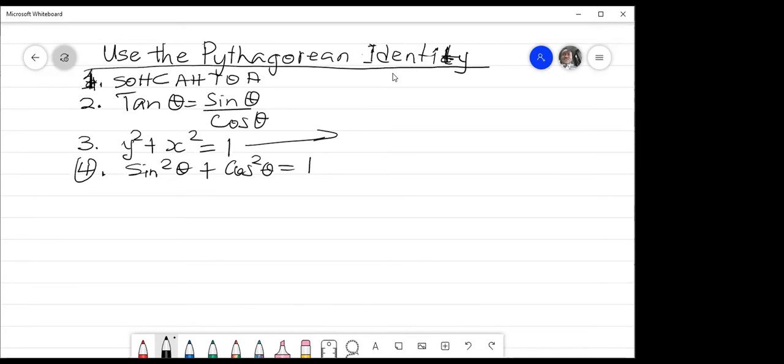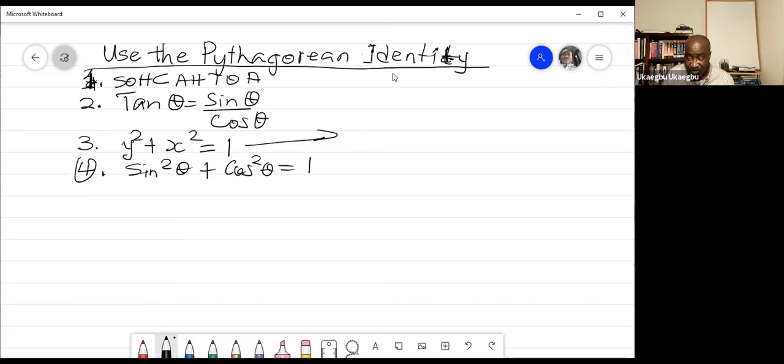And then this one is the trigonometric identity, Pythagorean trigonometric identity. This one is your regular SOHCAHTOA, your basic trigonometric ratio. And this is the first trig identity that is derived from your SOHCAHTOA in a unit circle.